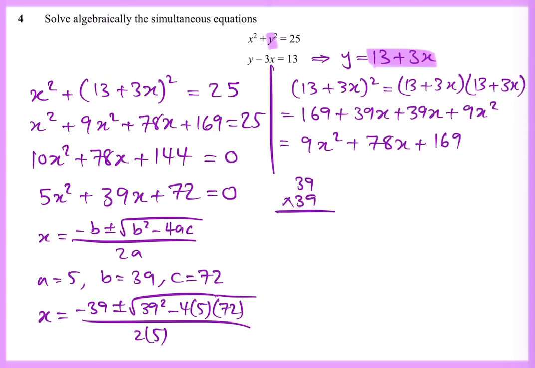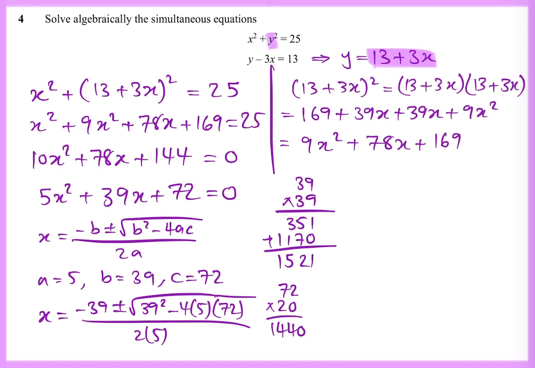So 39 squared is what I need to work out. 39 times 39, which is 81, 9 times 27, so it's 351, and then 1,170, which adds up to 1,521. Okay, hopefully that's correct. And then 4 times 5 times 72, that's 20 times 72, which is just 2 times 720, so it's 1,440.